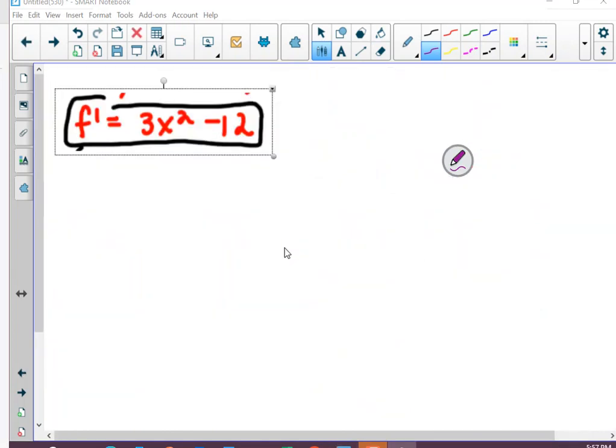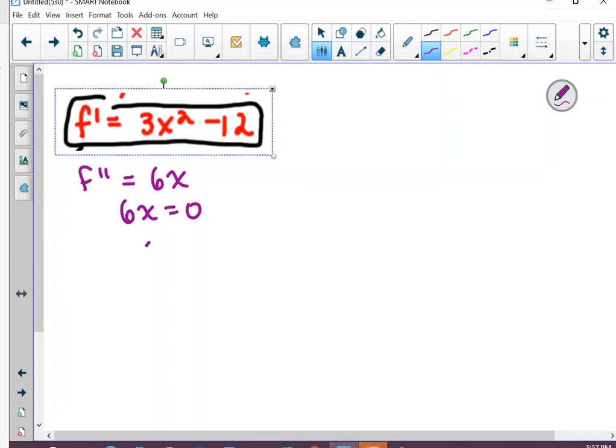So there's my f prime. So f double prime is going to look like that. F double prime is always going to be a degree less than f prime if we're doing polynomials, so we tend to have fewer critical values when we have lower degrees. No difference in this case: 6x equals 0, so x equals 0 is our critical value.